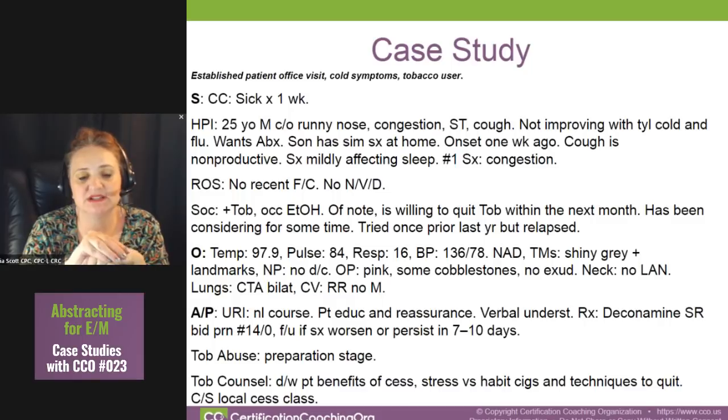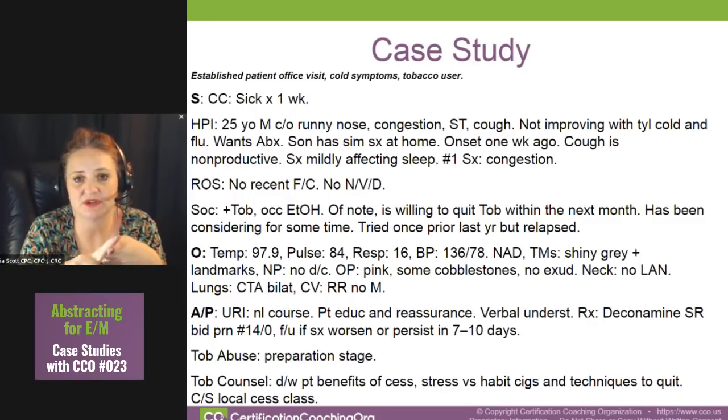And now we're going to get into the diagnosis and plan. So they diagnose with a URI, which is an upper respiratory infection, which we knew was probably coming, right? So patient education and reassurance. One thing is patient education on whether it is a virus versus a bacterial infection, and if they were to give them a medication, am I going to give you an antibiotic or not?